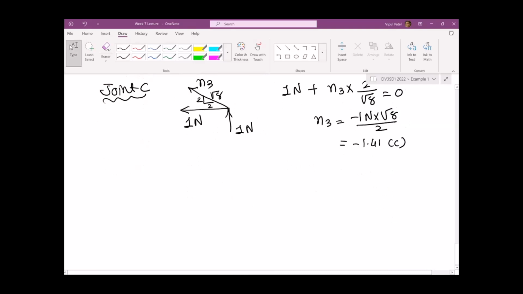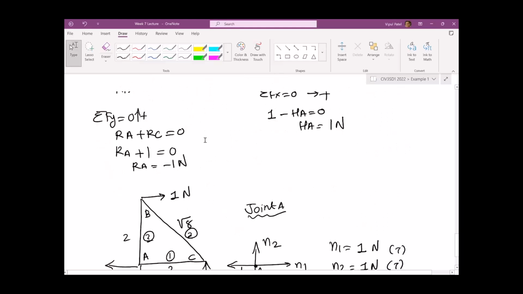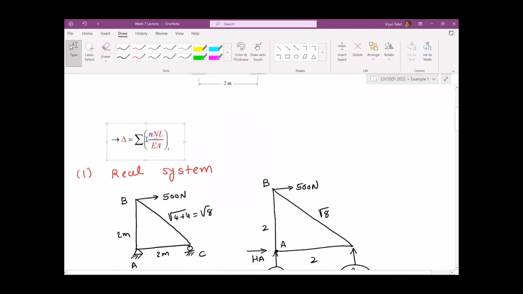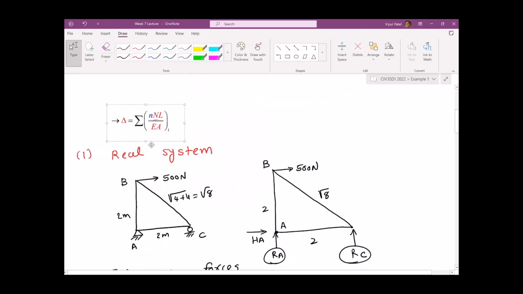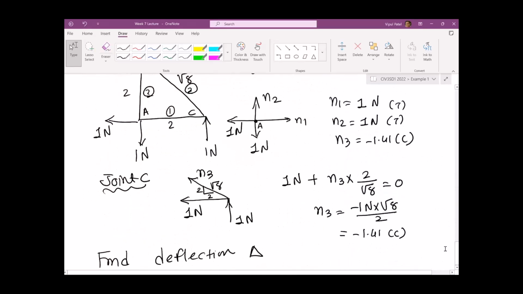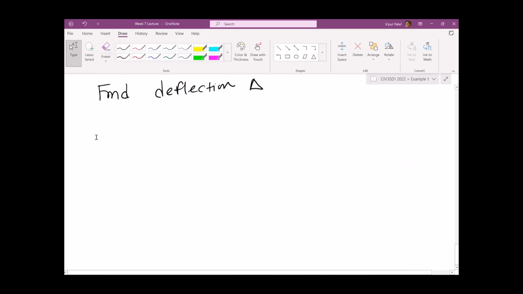Okay, now we can find the deflections using the equations. What equations am I talking about? These equations. Let's copy that and paste.